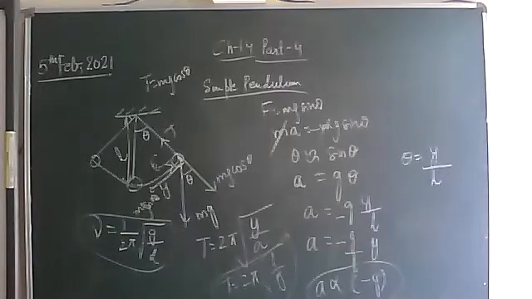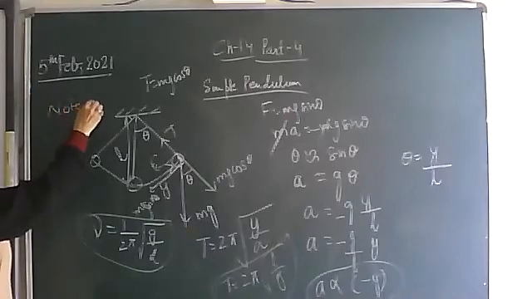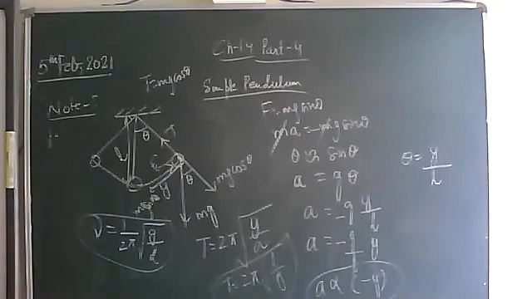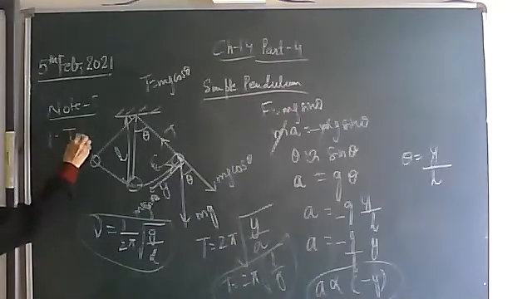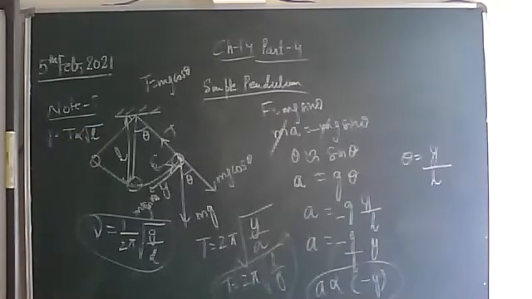Okay, now let's discuss a few points about it. Note. First point, time period is directly proportional to under root L. So more the length of the pendulum, more will be its time period.